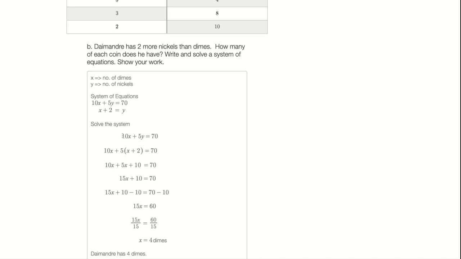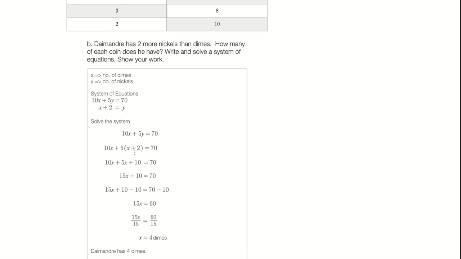I'm going to substitute the expression for y in the second equation into the first equation. Right where I have 5 times y in the first equation, I'm going to substitute in x plus 2, because I know that y in the second equation is equal to x plus 2.